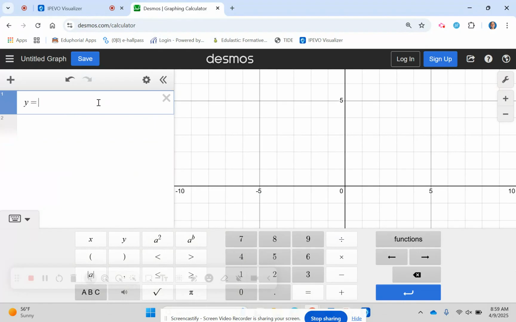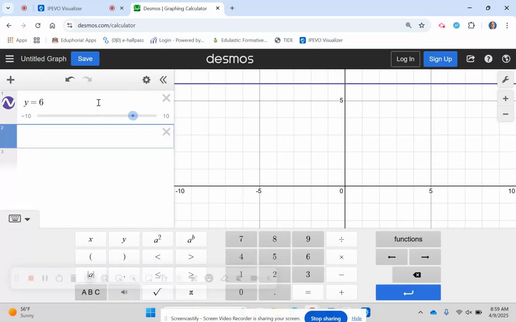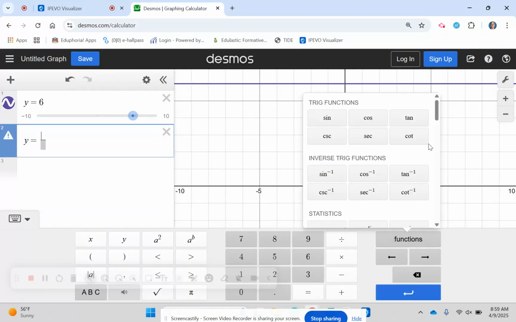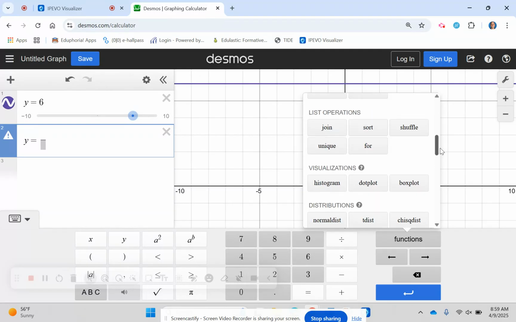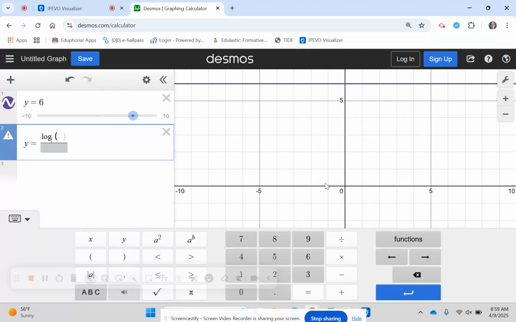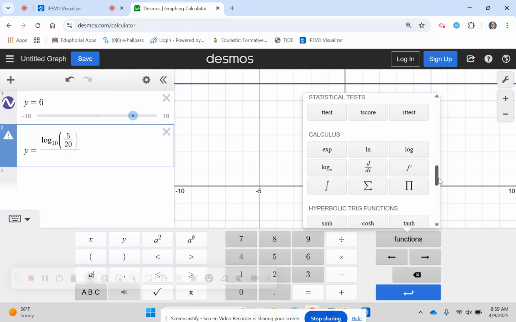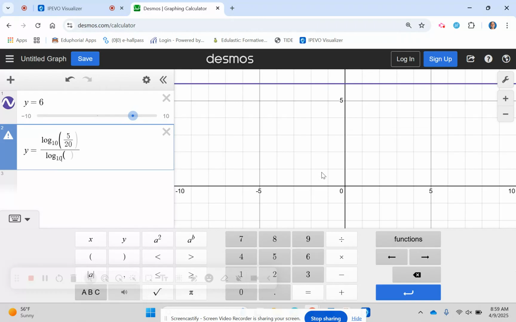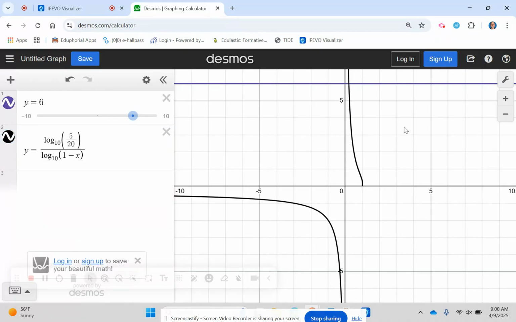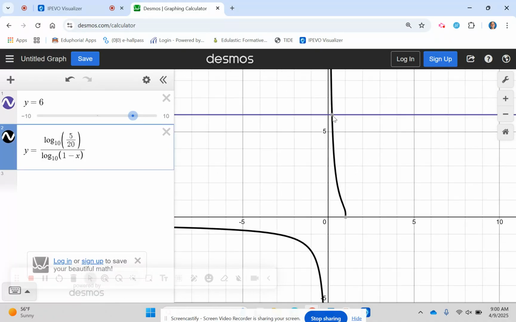So y equals 6 and y equals this. Now instead of r, we're going to use x. And then we just need the point of intersection, which is right here.